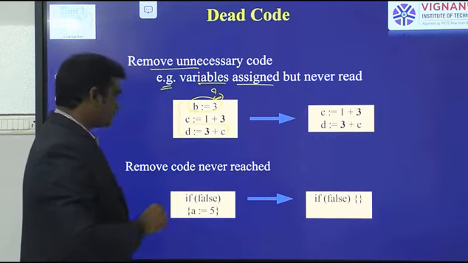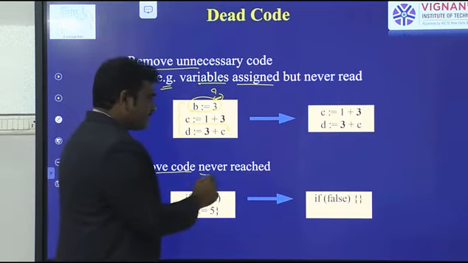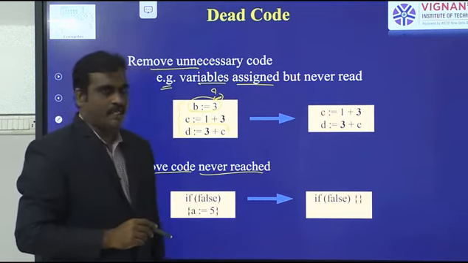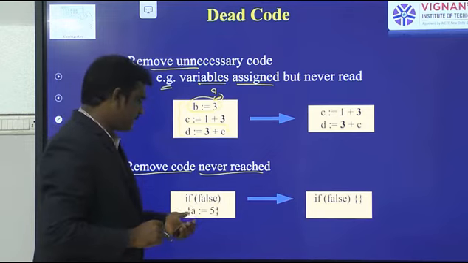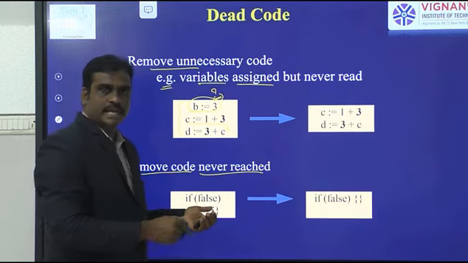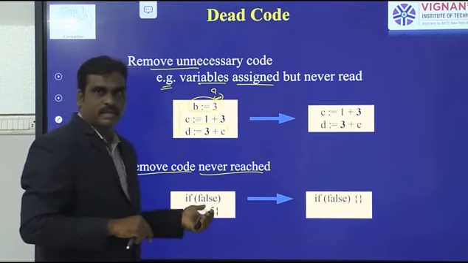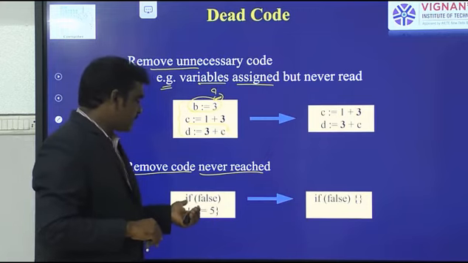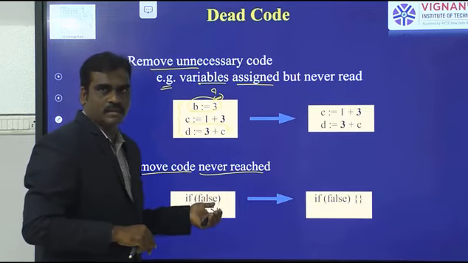In the same way, we remove code that is never reached. If the condition is false, the else part will be executed. In this case a equal to 5 is a true condition, so the if condition is always false.